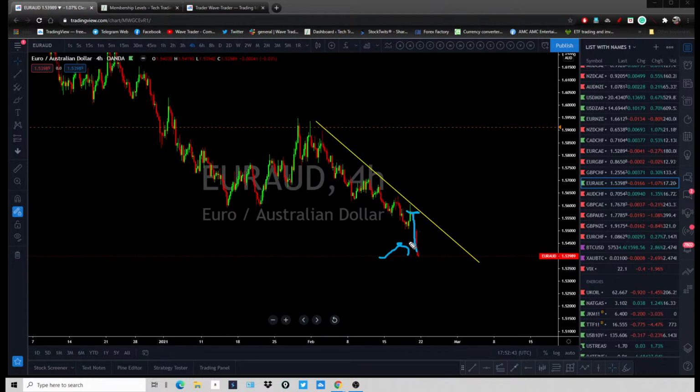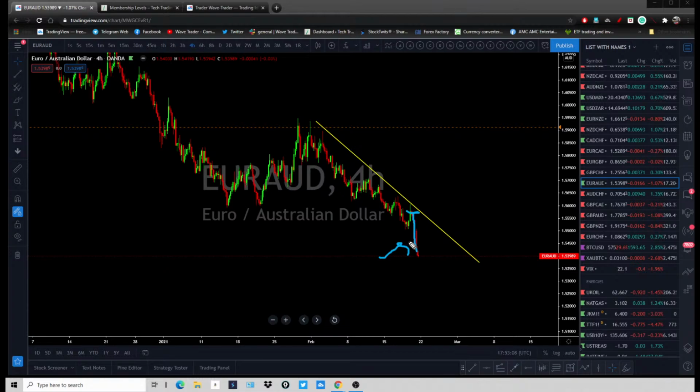But the problem is that in the Forex market, volume is not a good indicator to use. It's not like the stock market, where you can still use a volume indicator to figure out whether buyers are getting into the market or not.